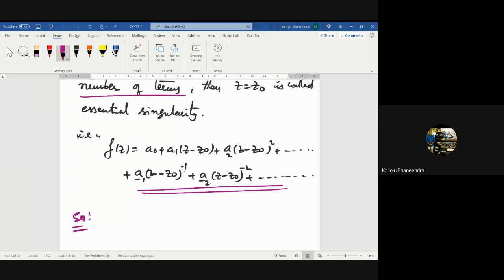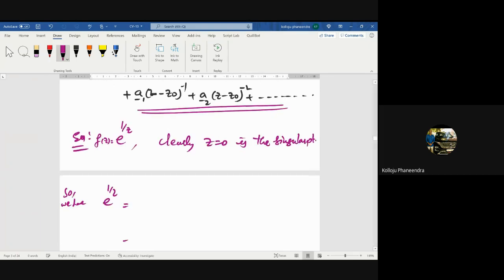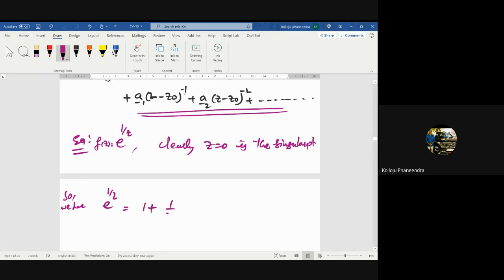For example, yesterday I think we did one problem, let me take this one: f of z equal to e power 1 by z. So what is the singular point? Clearly, z equal to 0 is the singular point. And about the singularity, what is the expansion? About z equal to 0, e power x expansion: 1 plus 1 by z, plus 1 by 2 factorial z square, plus 1 by 3 factorial z cube, and so on.